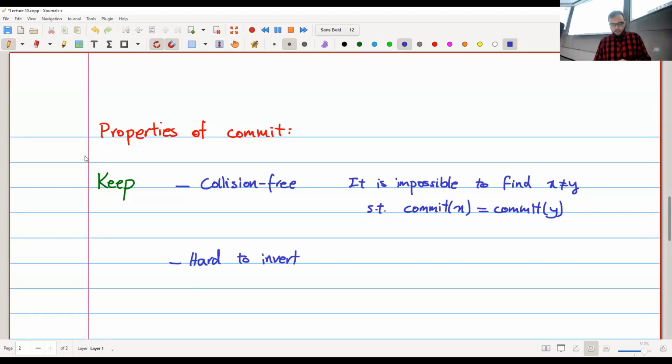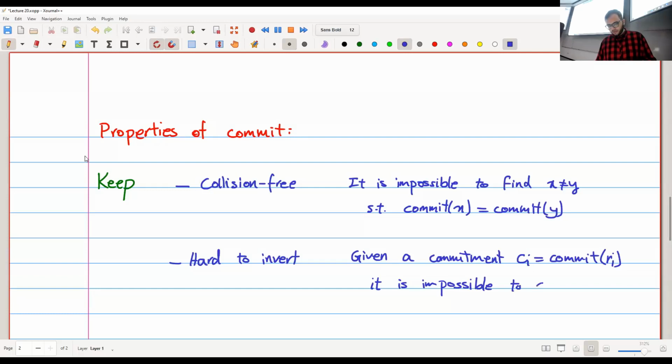So another way of thinking about this is that given a commitment CI, which was the result of committing to RI, it is impossible to compute RI itself. Or we also call this the hiding property for hash functions.